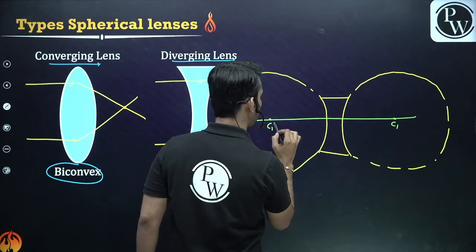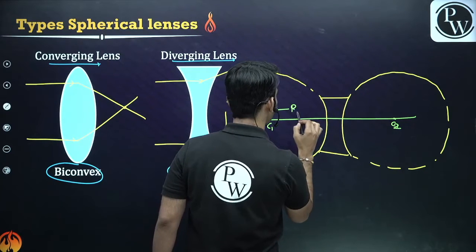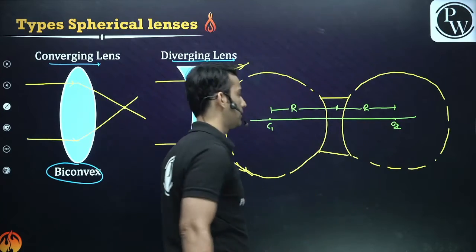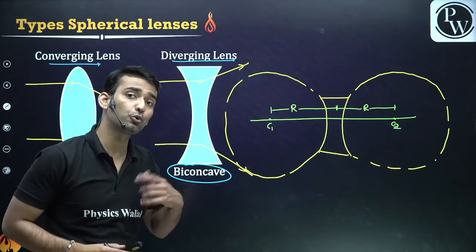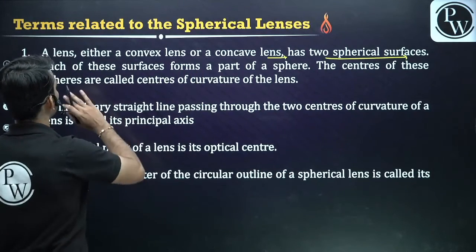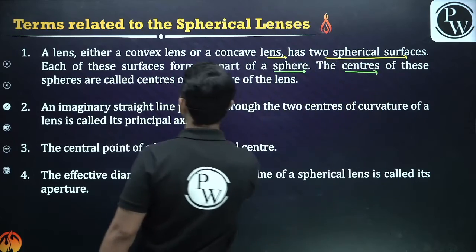And as a result, this is C1 and C2, two radii of curvature. Both are the same here in our case. So a lens is formed by two spherical surfaces, unlike a mirror, right? The center of these spheres is known as the center of curvature.